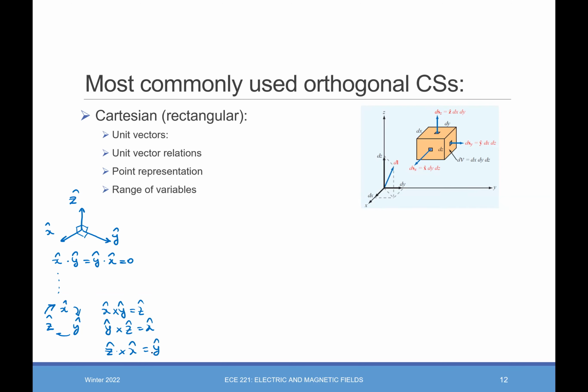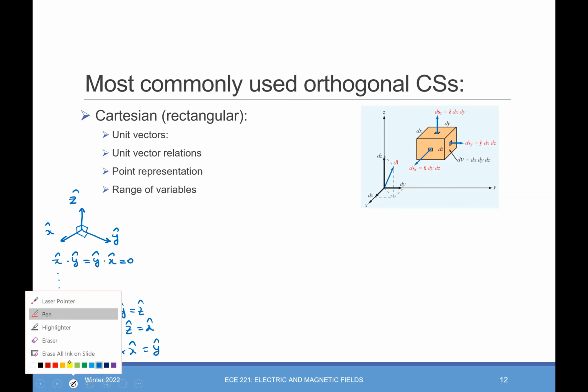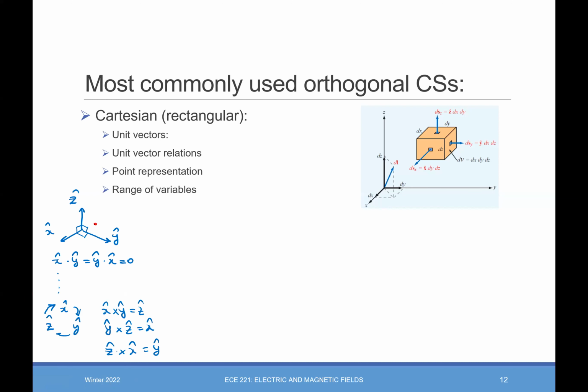Now let's look at a point representation in this. I'm going to define point P here. In order to uniquely define the position of point P using this coordinate system, I'm sure you're very familiar with this. We can ask, what is the height of this box that we drew here?